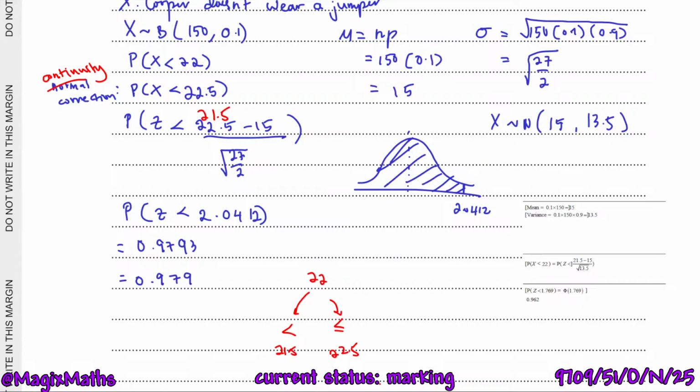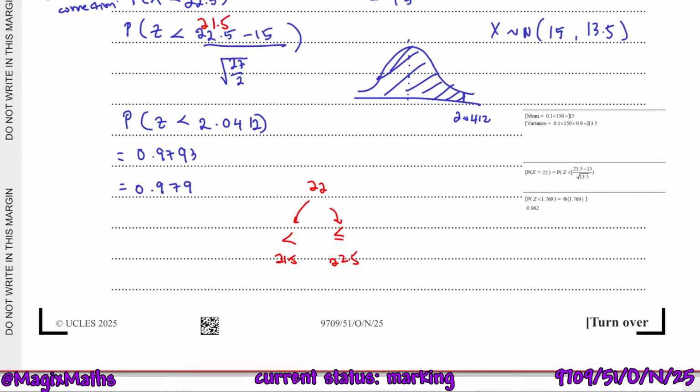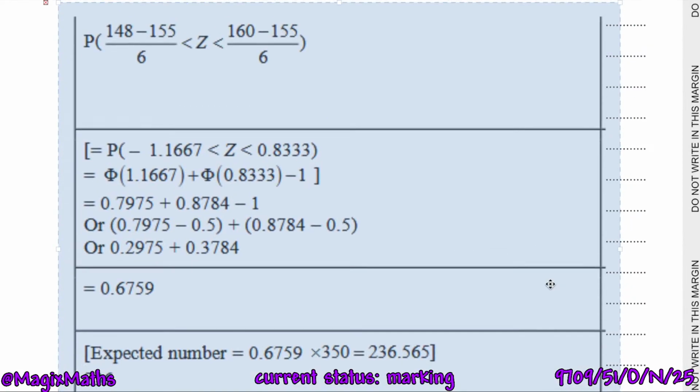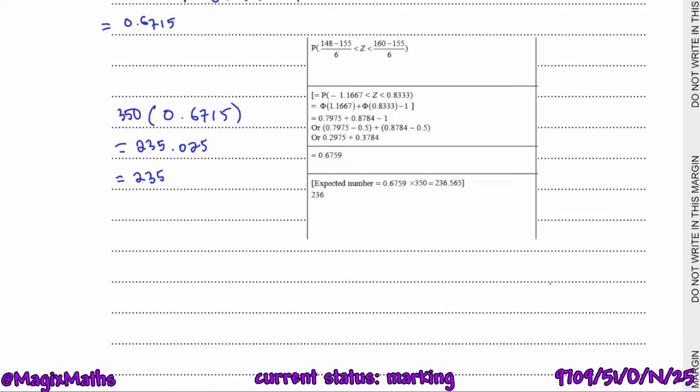So we got until here. And the marking scheme says here we probably got around 3 marks out of 5. Let's just move on and we'll take note on that mistake. Ah, shoot.